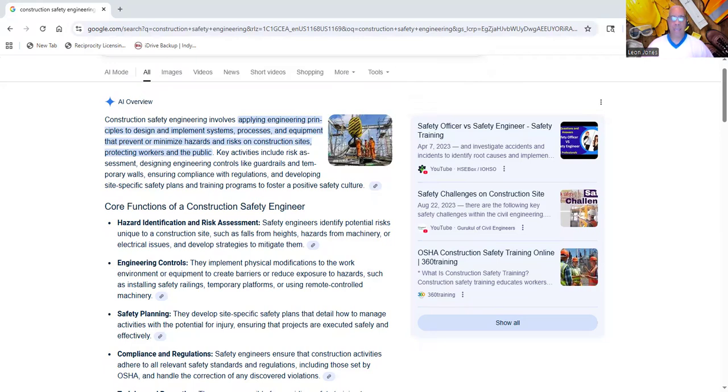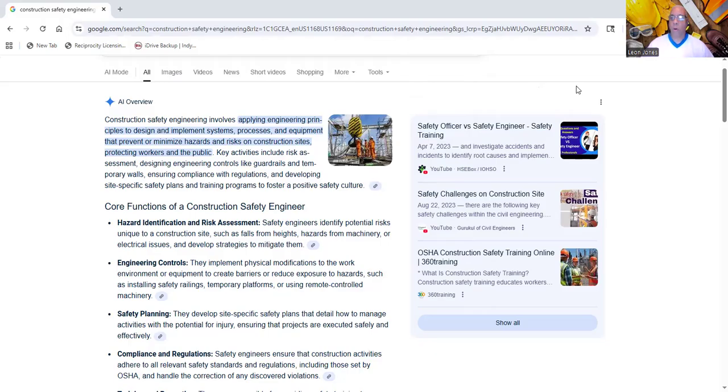Now, the key activities include work assessment, designing engineering controls like guardrails and temporary walls, ensuring compliance with regulations, and developing site-specific safety plans and training programs to foster a safety culture.